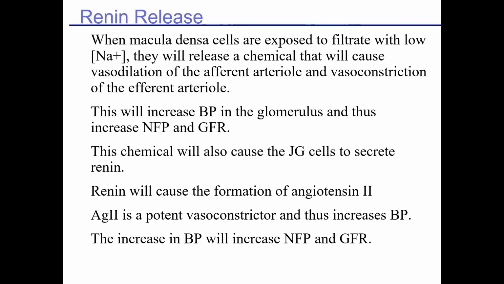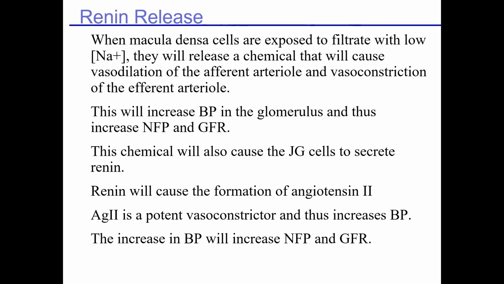So how do we fix it? The macula densa will secrete a hormone that tells the afferent arteriole to dilate, increasing blood flow. It tells the efferent arteriole to constrict so that we raise pressure by backing up that blood in the glomerulus. That increases our blood pressure, which increases the filtration pressure and the GFR.